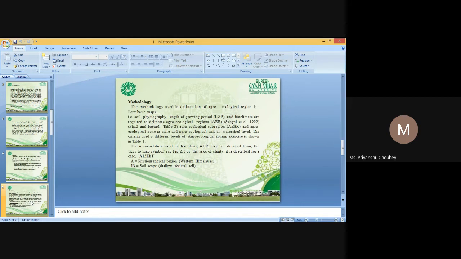The criteria are used at the different levels of ecological zoning.